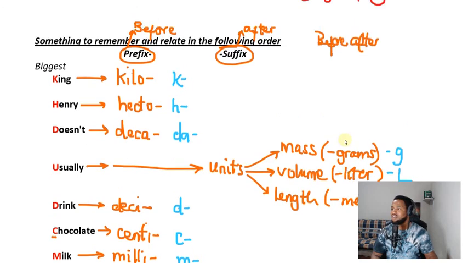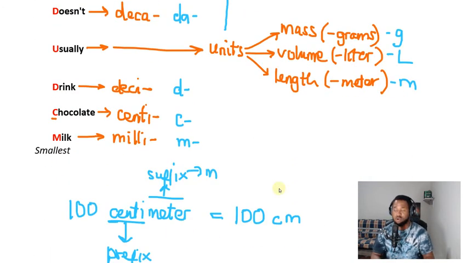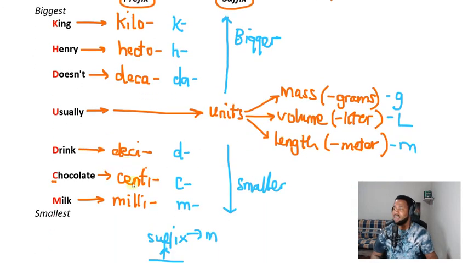Take note that going up from the unit means it's getting bigger, and below the unit is going smaller. In our next video, we're going to explore more about the numbers that represent the kilo, the hecto, and the deca from our unit, and the deci, centi, and milli from our unit.